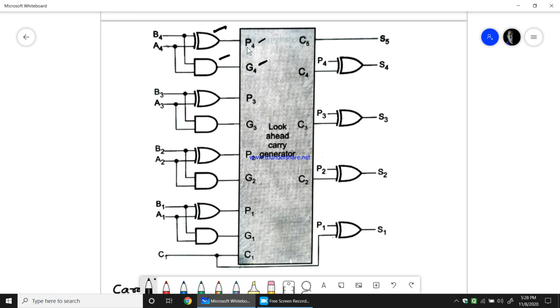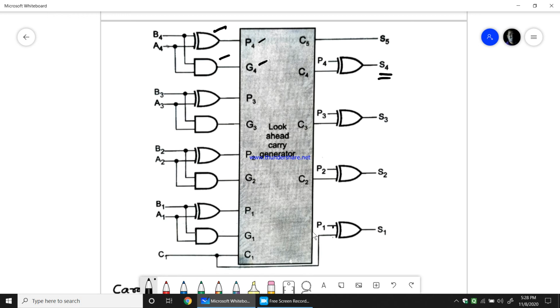With that generation of P4 and G4, C4 is obtained by having P4 as one of the inputs for the XOR gate which gives me S4. Now we know the equation for C4, which is the lengthy expression you have seen earlier. It starts from P1 generation and then P2, P3 and P4.